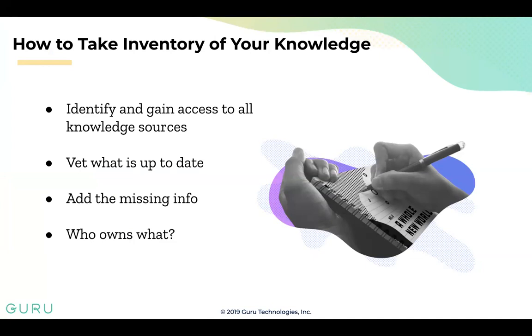Do you need permission to get access to that knowledge source? What information currently lives in this source? Is it up to date? Is it missing anything? Who owns that knowledge? Should they update it? How often do they potentially need to update it if it's tied to, for instance, a product release schedule? Or is it in fact not relevant anymore and should be archived?